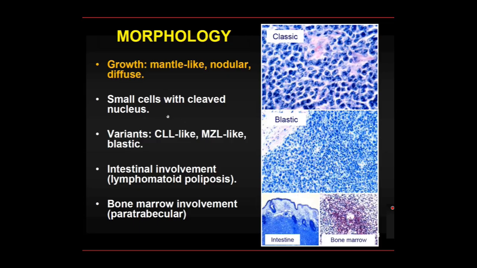In the cytology, we have different morphology. The most common, which we call classic, is composed of small cells. Quite often the nuclei, even though I said that they correspond to very quiet, naive memory cells, are not perfectly rounded, but they are indented, they are cleaved.